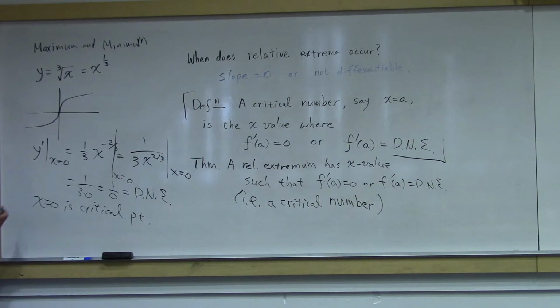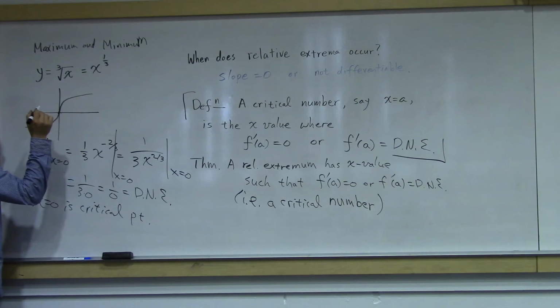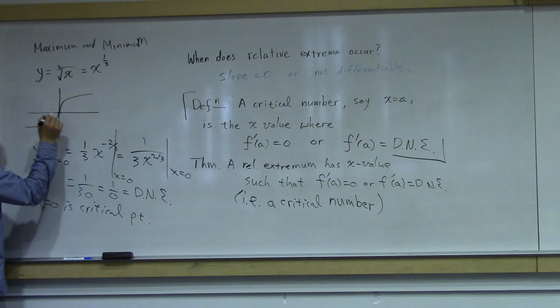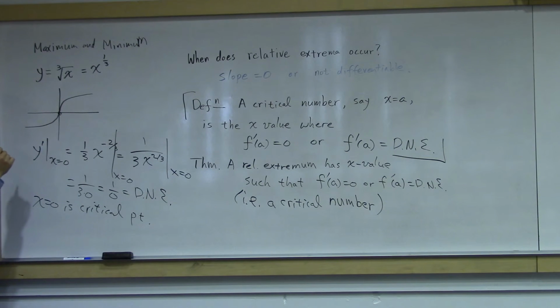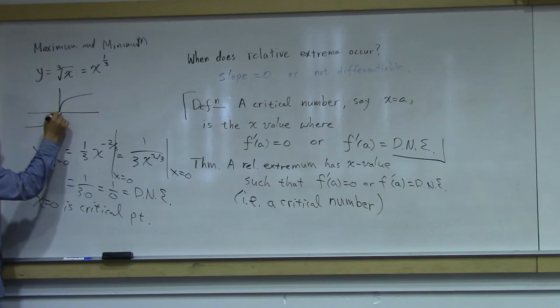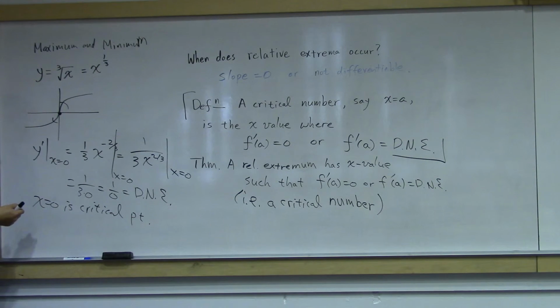Now let me ask, is this point a relative extremum? It's not. It's neither a relative maximum nor minimum, because if you just take the nearby portion of the graph, the right side is higher than this one, the left side is lower than this one.